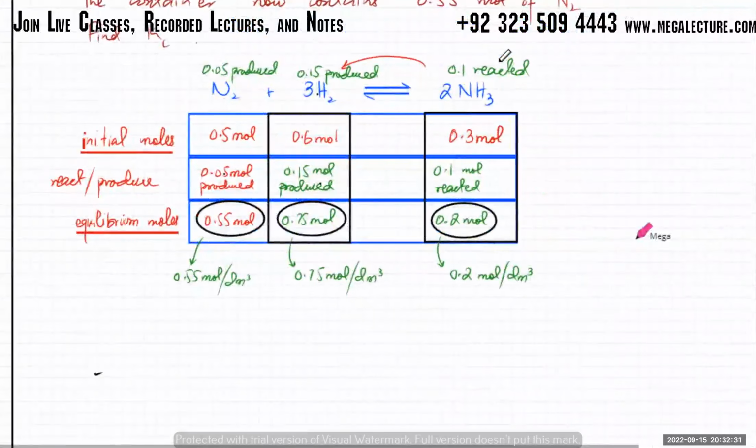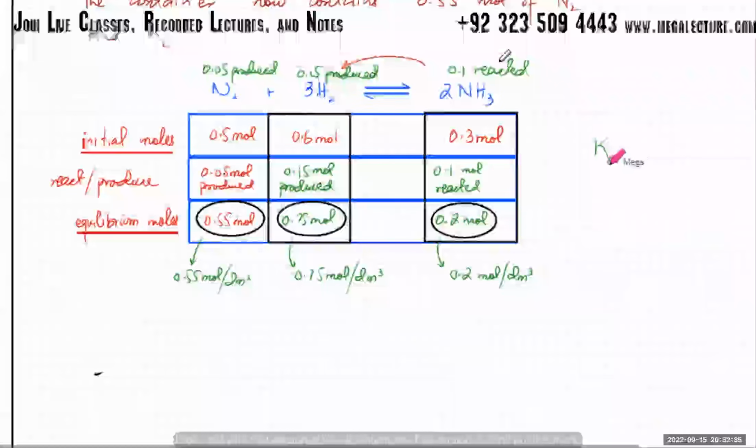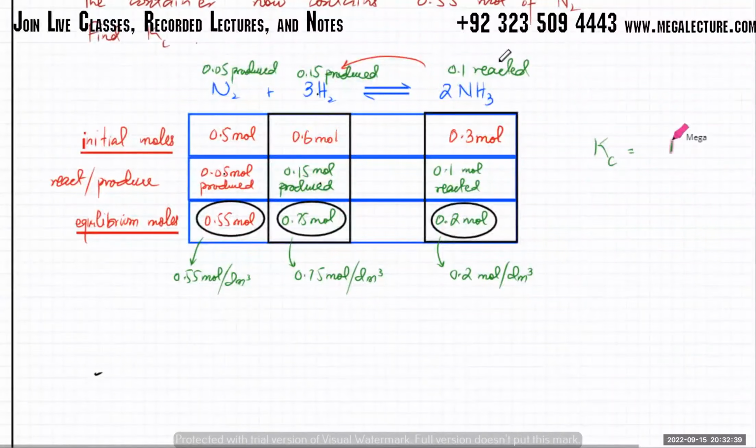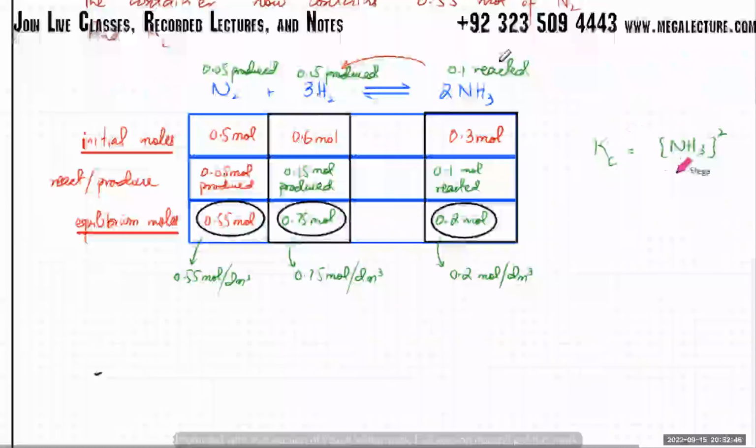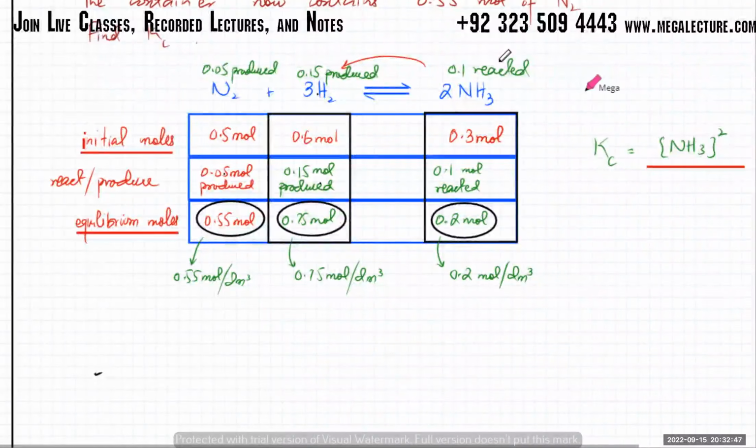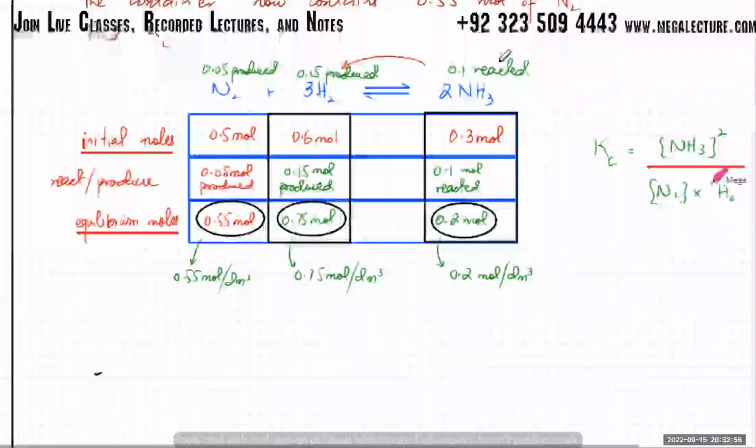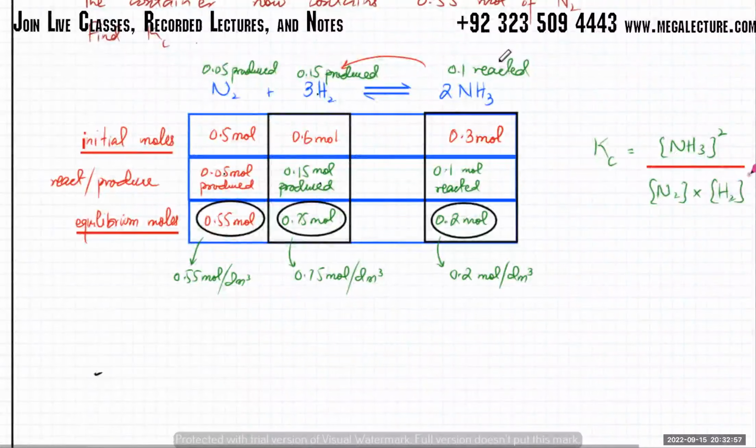Now what to do? You just write the Kc expression. What's the Kc expression for this? Remember Kc is calculated for equilibrium, I mean Kc is for equilibrium. In this case, it's going to be NH3 concentration squared, and the whole thing gets divided by N2 concentration at equilibrium multiplied by H2 concentration, and that's going to be cubed. So that's my Kc expression.